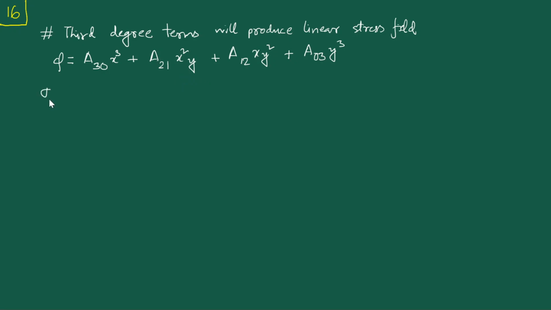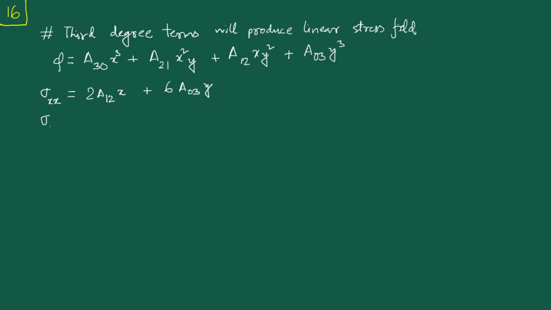So for sigma xx, please note, since this is del squared phi by del y squared, only this term and this term are going to contribute, and that will be 2a12 x plus 6a03 y.